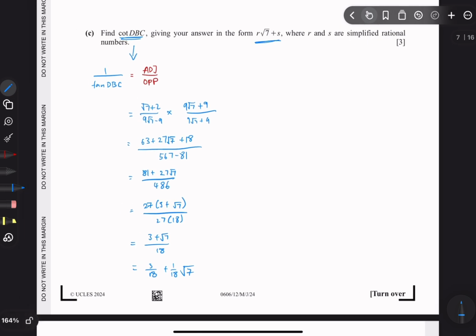And since the question wants it in this form, we can write it like this. Actually, you can simplify this part even further. Yeah, so this is the final answer.